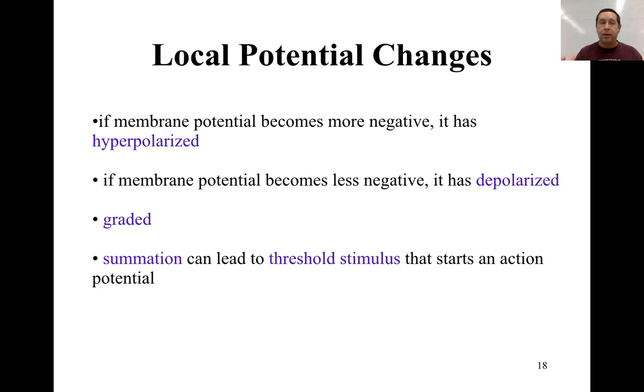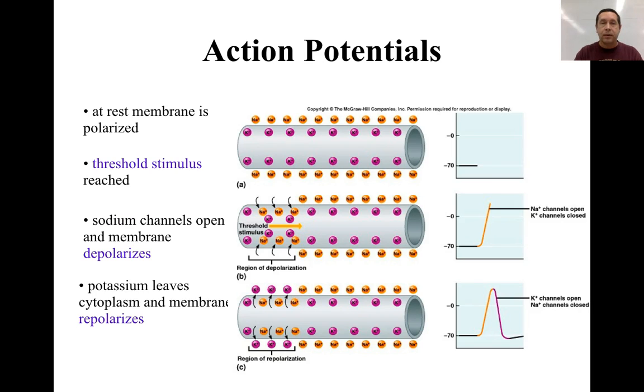So we have what we call a graded response, which can be of varying strengths. Several potentials have to add up together to reach the threshold. We call that summation. Once the threshold is reached, then you can have an action potential.